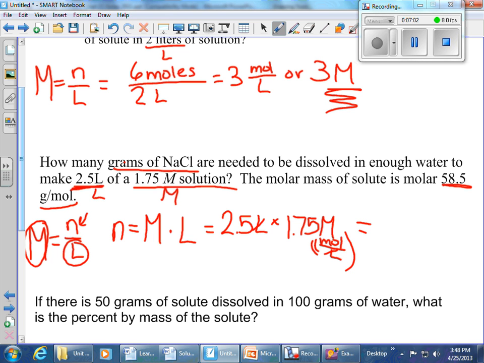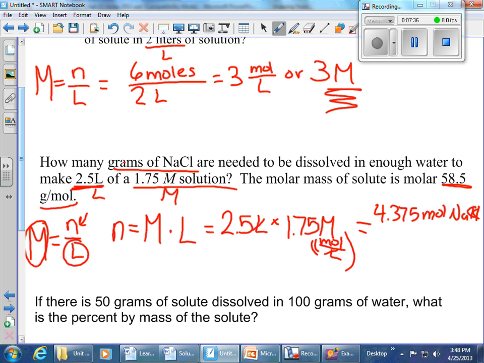I do not have a calculator, so we multiply those: 2.5 times 1.75. So we end up with 4.375 moles NaCl.